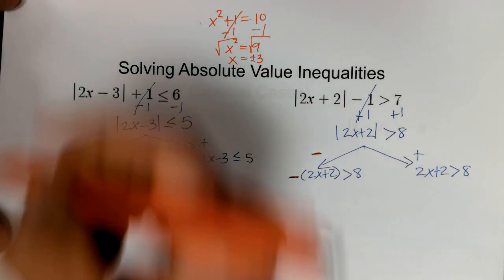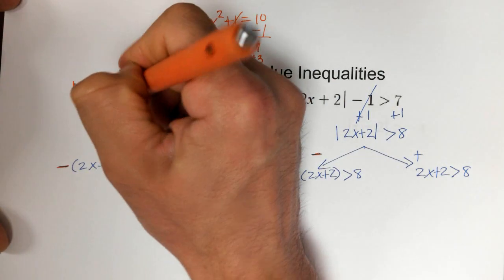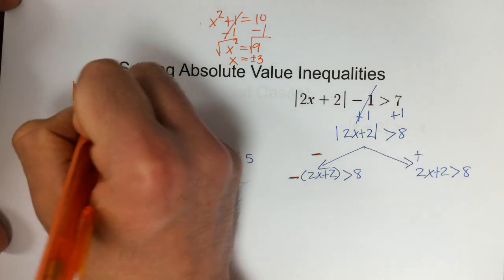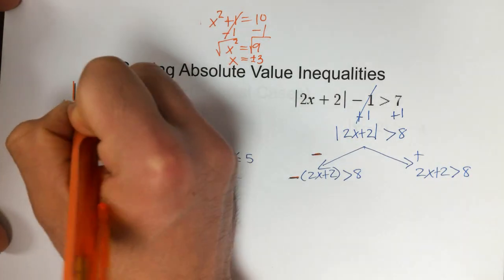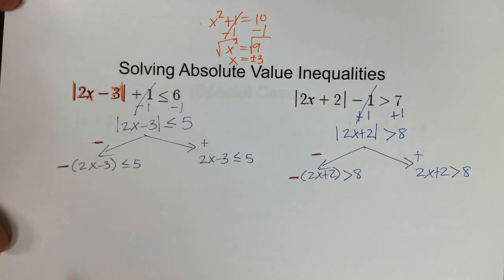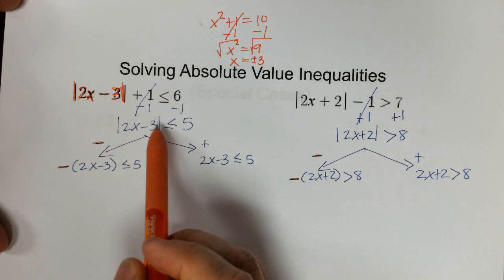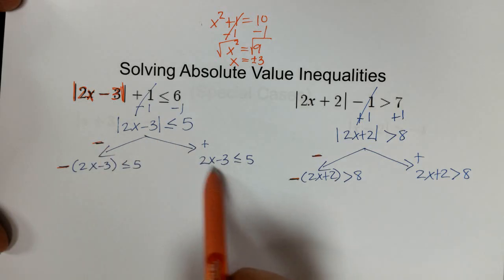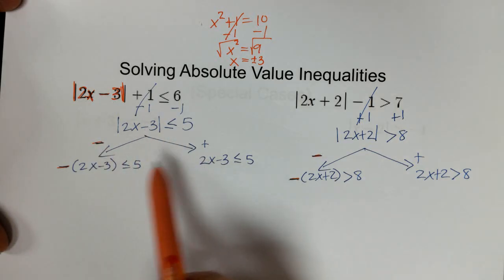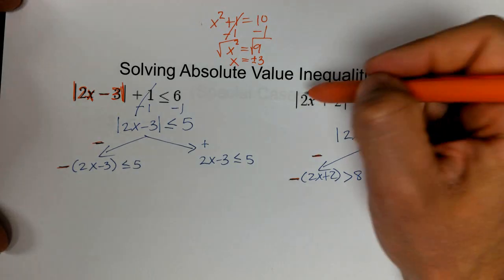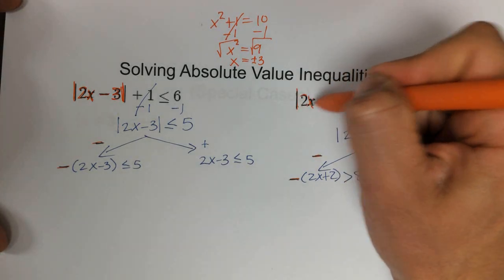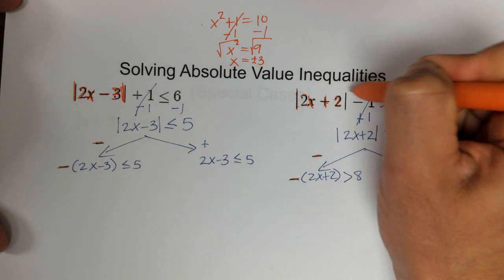Same thing here. You have to make sure that you first isolate this part. Can you isolate that component, move everything to the other side before you split it into two pieces, before you start to change the problem to plus or minus? I got to do that here too, 2x plus 2.